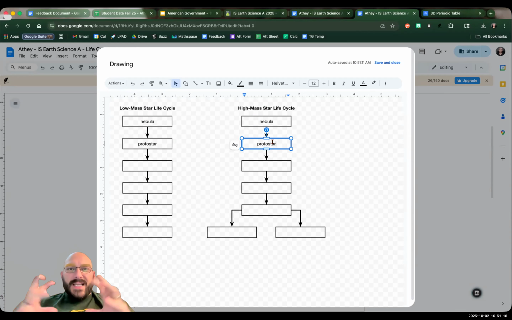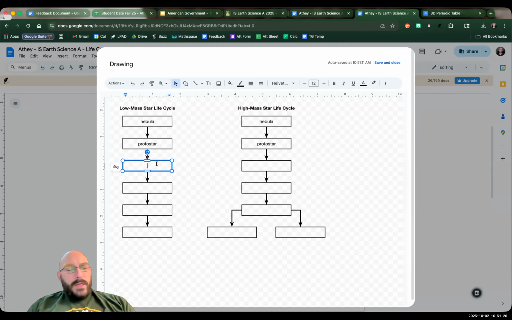All the stuff has started to gather together from the nebula, but it hasn't started fusion yet. And then it becomes a main sequence star where it's fusing hydrogen.